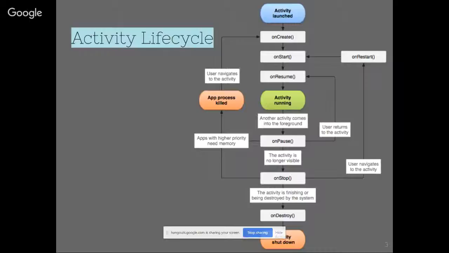After onStop, it will come onDestroy. This is called, or will happen, either because the activity is finished or because the system temporarily destroys the instance of the activity to save space.